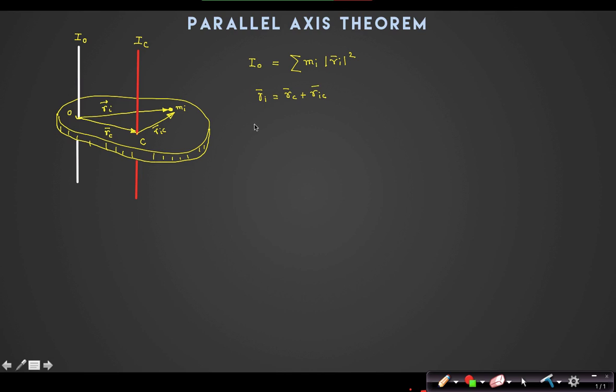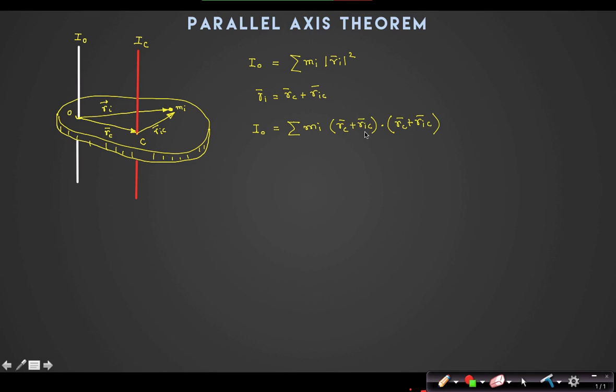So what can I write as IO? This is equal to summation of mi into (RC plus RIC) dot (RC plus RIC). Can I write it?